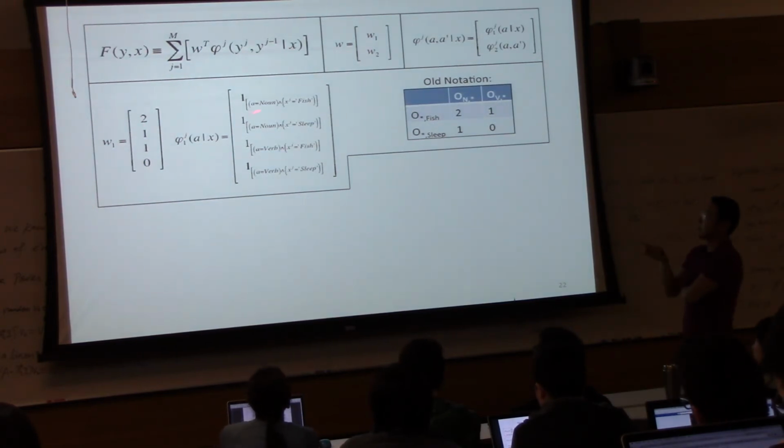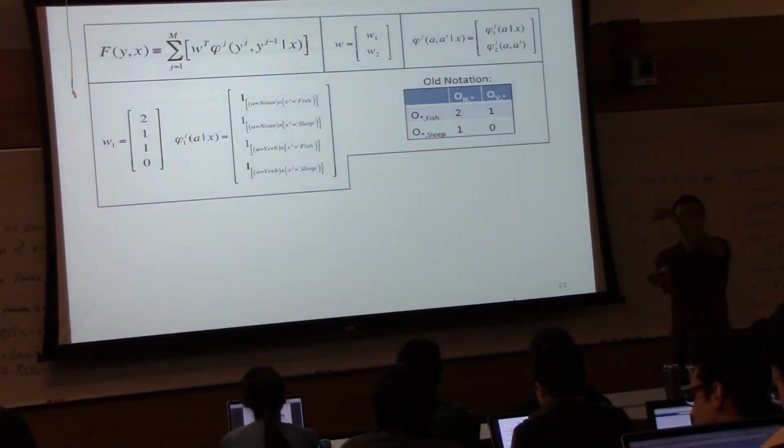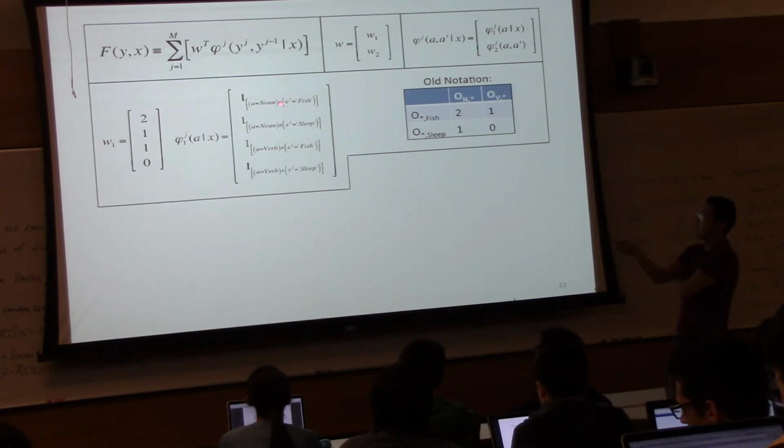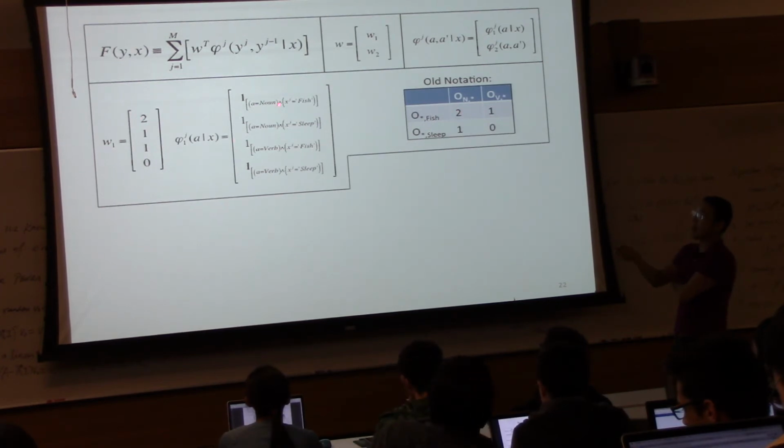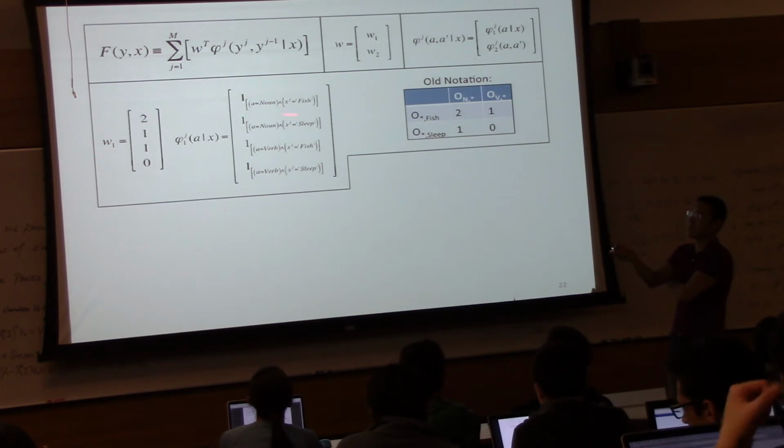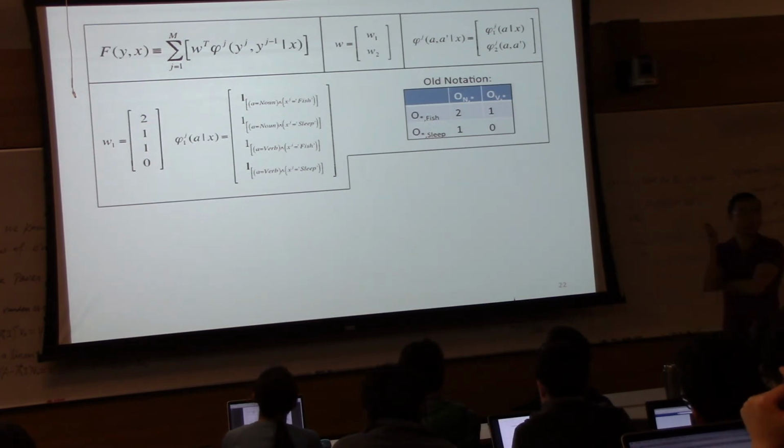If it so happens that the first token is noun and the first output token is fish, then this first feature will activate. We would add a score of 2 to our linear scoring rule. In the old notation, you would do a dot product of 2 times only this feature being active, so again you get a score of 2.